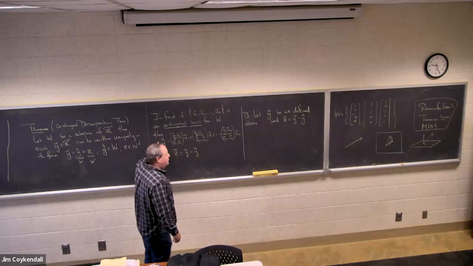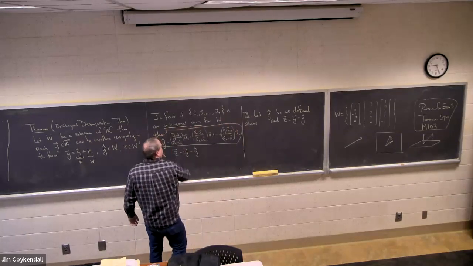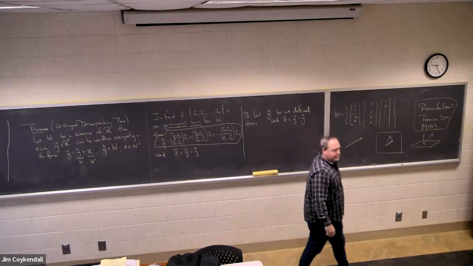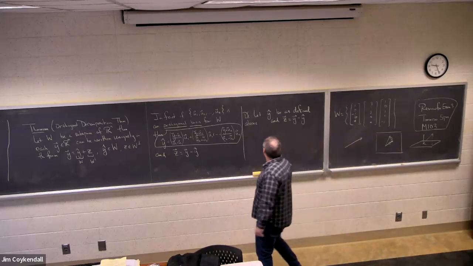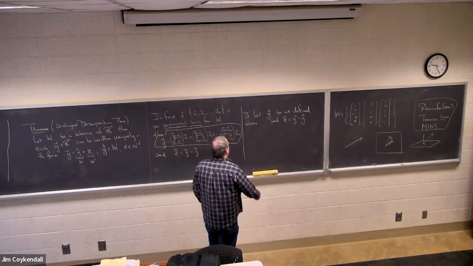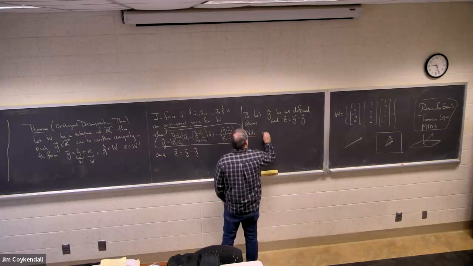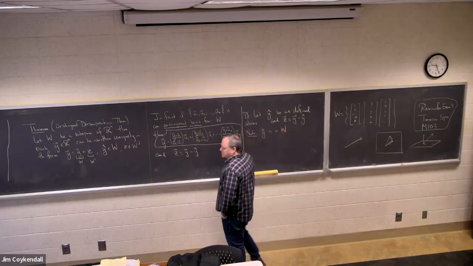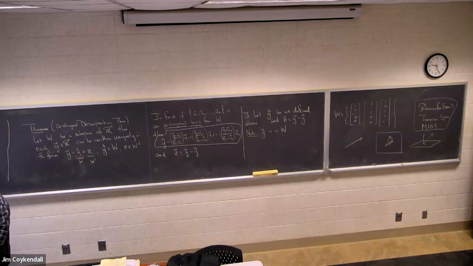Let y hat be as defined here, and let z be y minus y hat. Now, the first thing is note that y hat is in W. Can somebody tell me why y hat is in W?